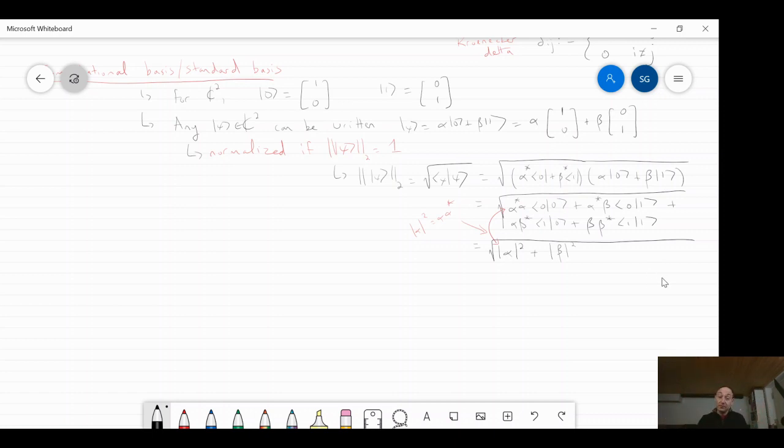So instead, it makes a lot more sense to work in Dirac notation, because you can manipulate terms a lot more cleanly without actually having to write down the full vectors. And that's one of the first things I'm going to encourage you to do in this course: always avoid writing out full vectors and matrices whenever you can. See if you can just do it directly in Dirac notation.